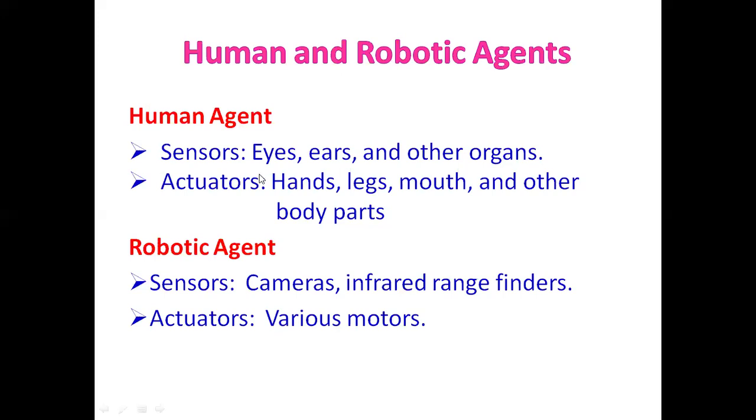A human agent is an individual, let us take ourselves, who interacts with the environment through various sensory and motor systems. What are all the various sensory and motor systems? The sensors of a human agent, such as the eyes, ears, and other sensory organs, allow them to perceive the world around them.